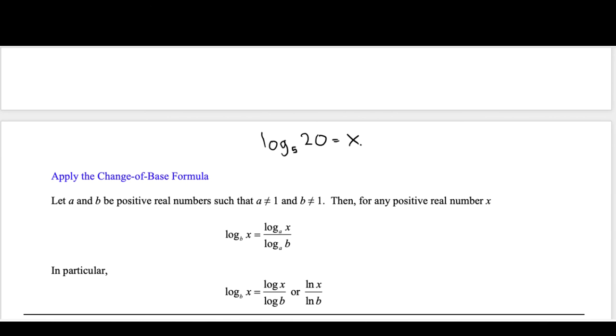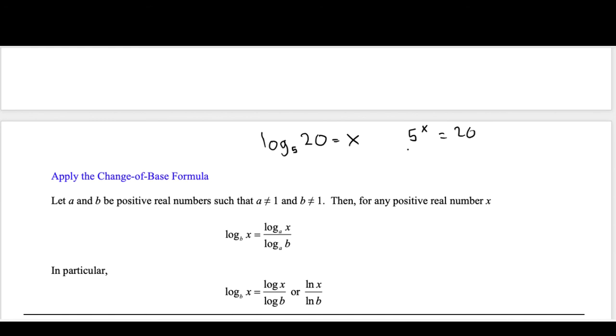We could start by rewriting this in exponential form, so it would be 5 raised to the power of x equals 20, okay? And then we could choose a logarithm of any base we choose, but it makes sense to choose either base 10 or base e, because our calculators are equipped to do those types of logarithms.